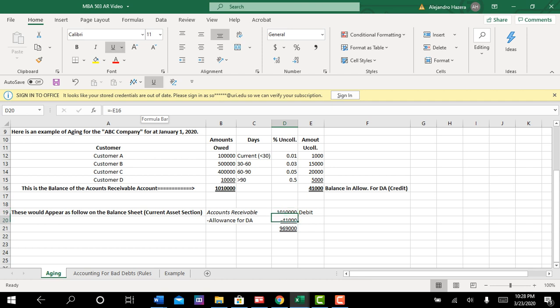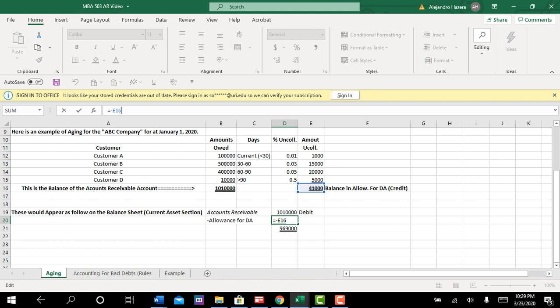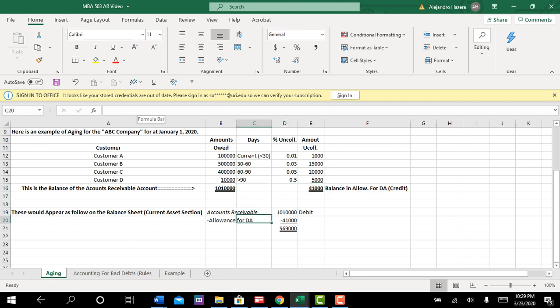Okay? And then you're going to have an allowance for doubtful accounts. And that allowance for doubtful accounts, it is a calculation. And that calculation is, we'll go up here, there it is right there. It comes from your aging. It comes from the total amount that you estimate will not be collected. But those two things, this 41,000 should always equal that 41,000.